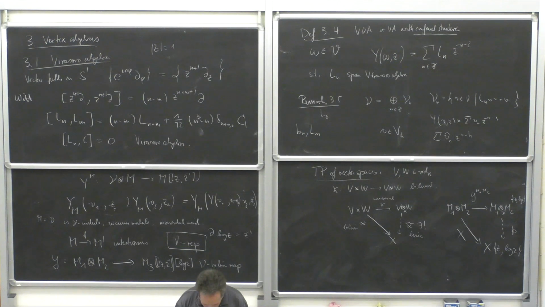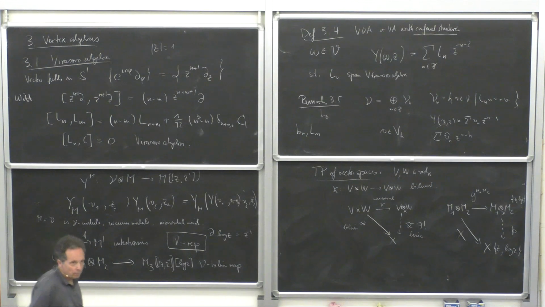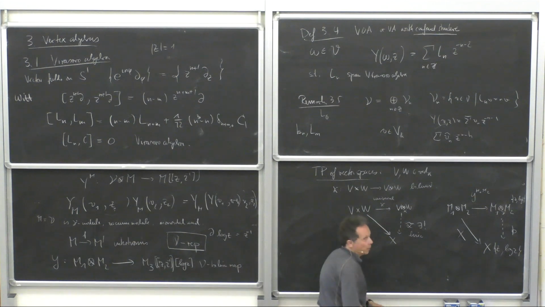And in order to do this, I have to define for you what a category with a tensor product is. And this is the definition of a monoidal category.